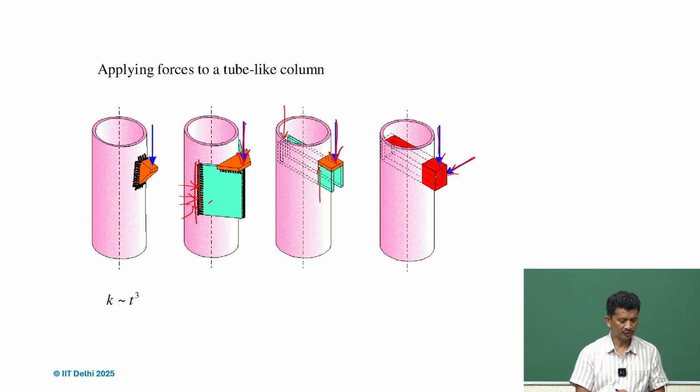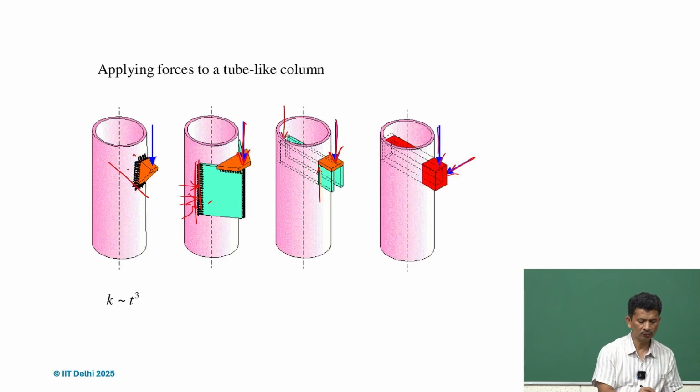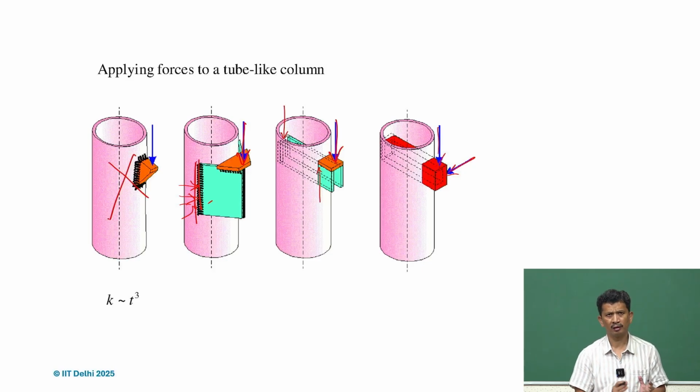So I think this is clear, and even if we want to support any kind of loading on the tube like a column, I think we can think of some of these alternatives and check accordingly.